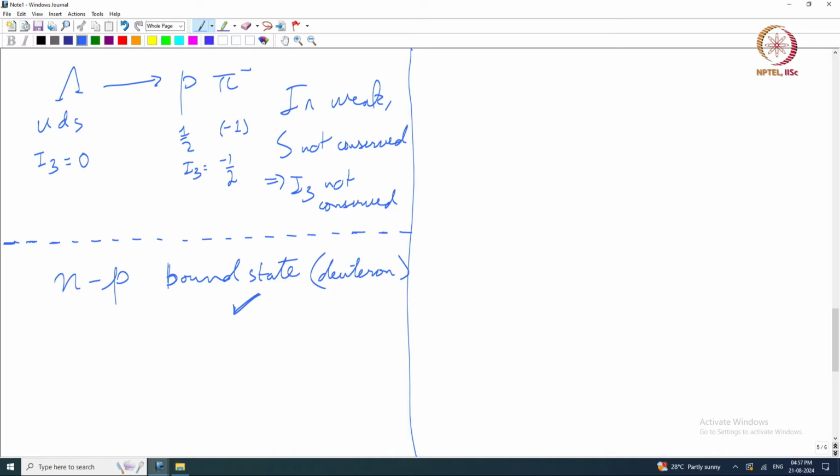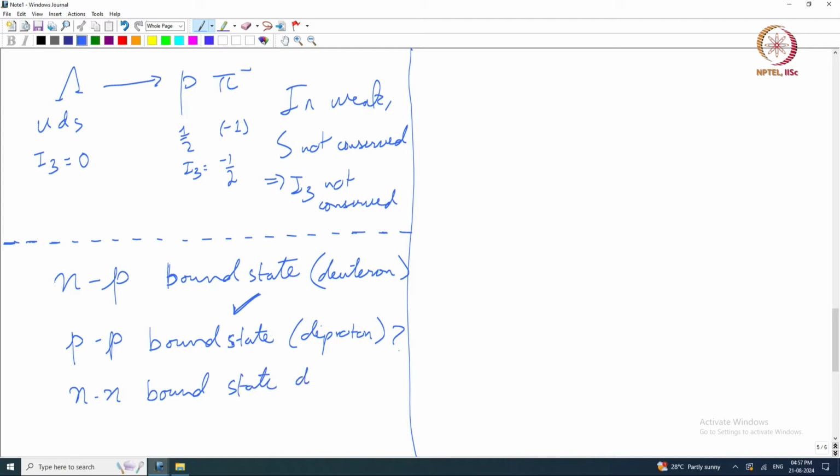Then what about a proton proton bound state? Let me call it a diproton. What about a neutron neutron bound state? Why did we never learn this in school? Why do we talk about the Deuteron? Why does nobody talk about a dineutron or a diproton?